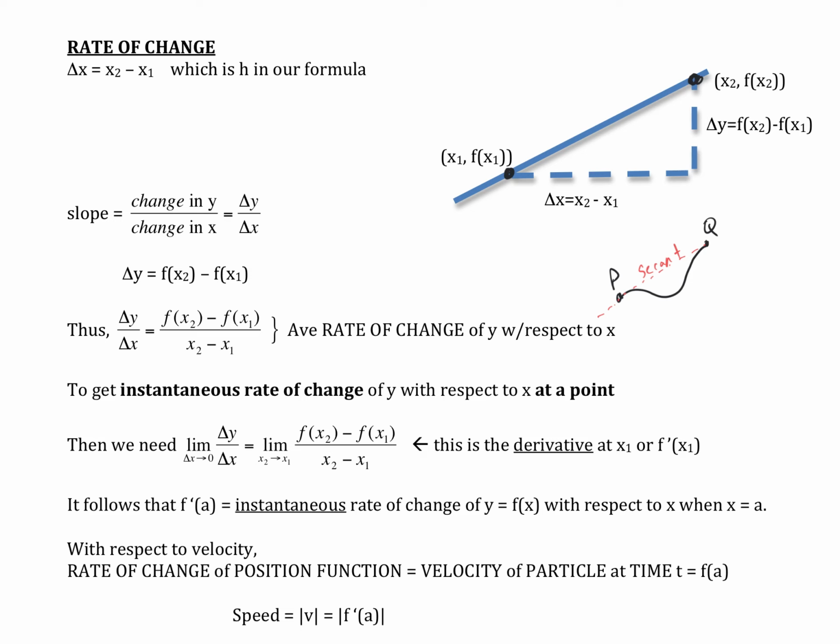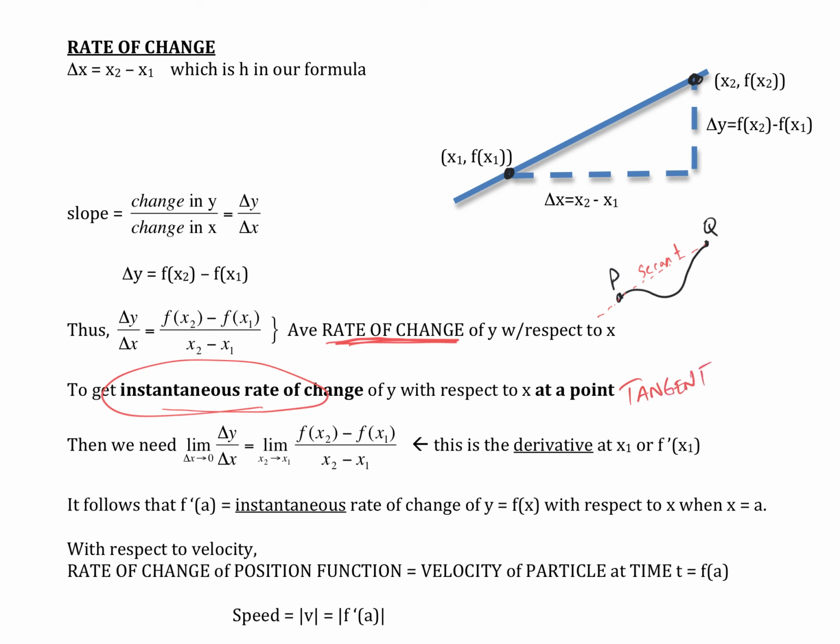And that's going to give me an average rate of change. How do I get an instantaneous rate of change? Well, I need to find the point that I'm getting to. If I'm going to point P, remember we're making Q as close to P as possible, which will give me a tangent line. This is a tangent.